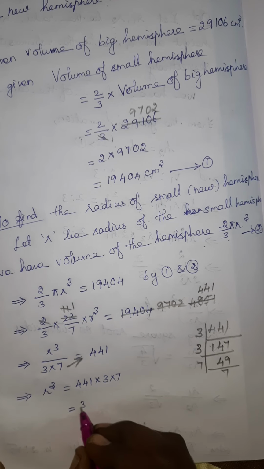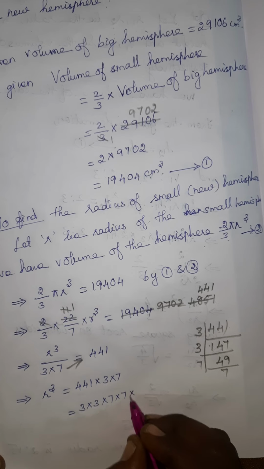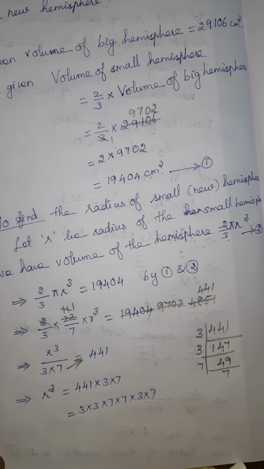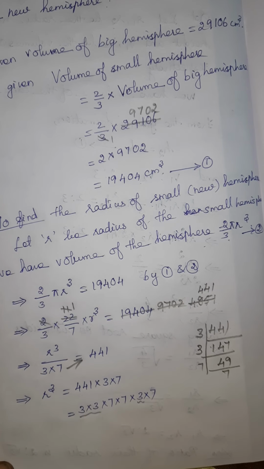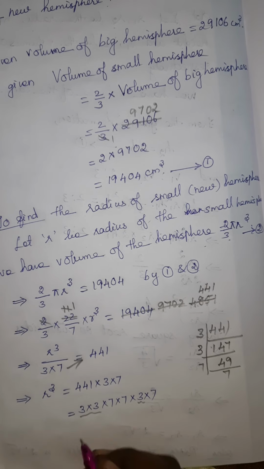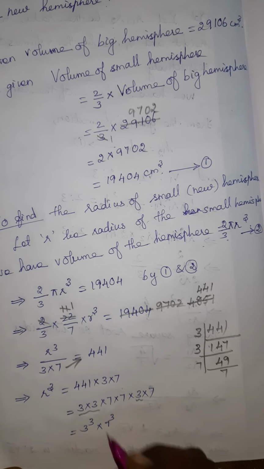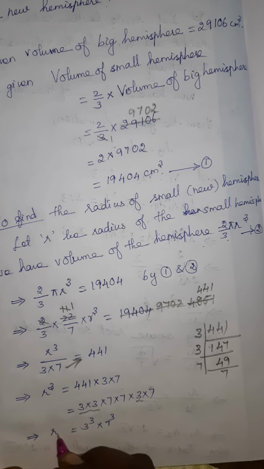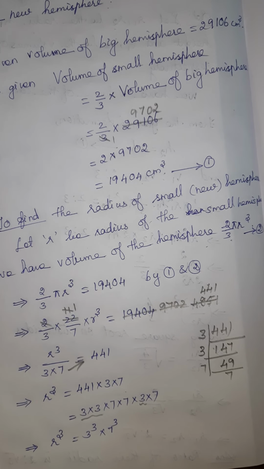Now we get 3 into 3 into 7 into 7 into 3 into 7. Okay, so we can take the triplets with this. 3 into 3 into 3 is 3 cube, and 7 into 7 into 7 is 7 cube. So r cube is equal to 3 cube into 7 cube. So what about the r value?